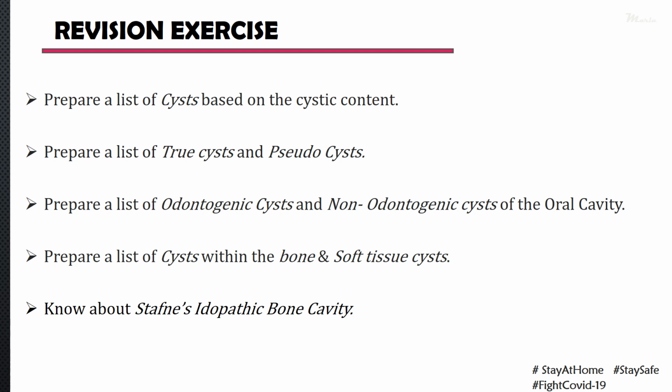So I request everyone to prepare a list of cysts based on the cystic content, to prepare a list of true cysts and pseudocysts, to prepare a list of odontogenic cysts and non-odontogenic cysts of the oral cavity, to prepare a list of cysts within bone and soft tissue, to know about Stafne idiopathic bone cavity.